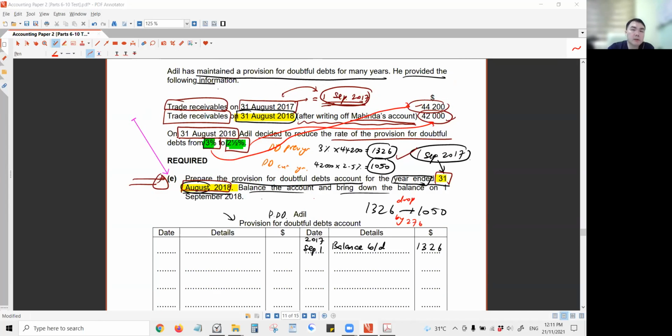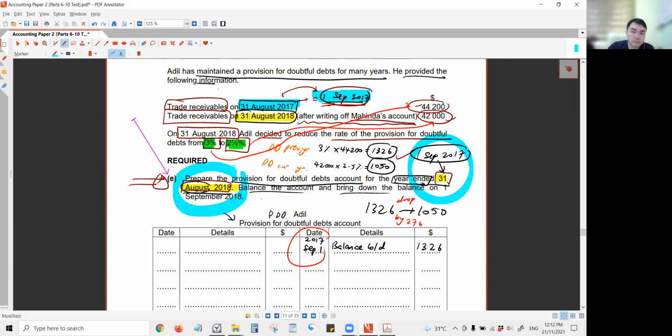When you write balance BD, the date is always the beginning of the year. Just now I told you that you can regard this as the first day of the year, just the next day. Because our answers are for this period, you can regard this date as 1st September 2017.